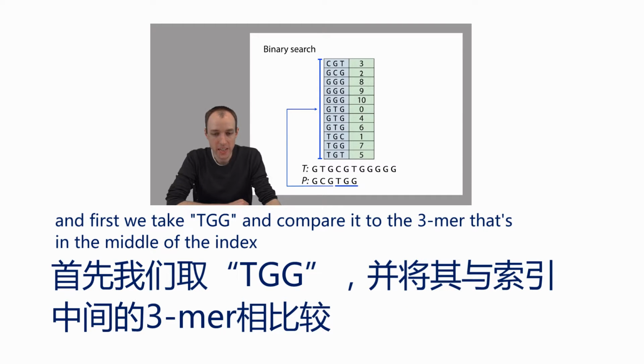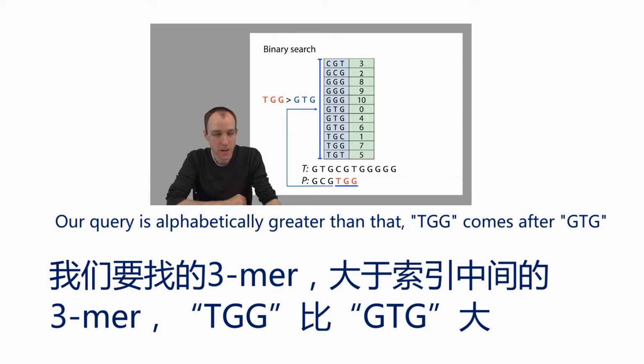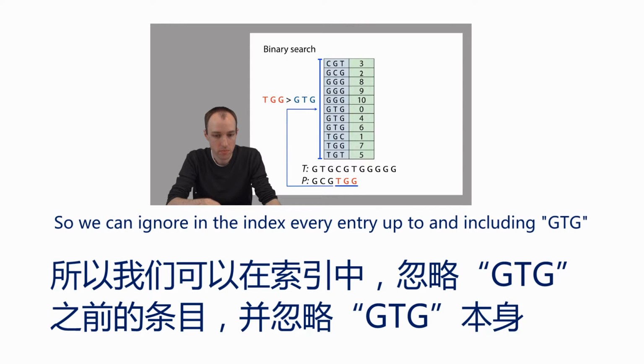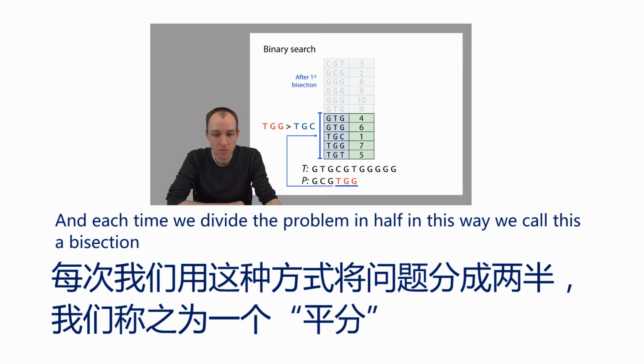First, we take TGG and compare it to the 3-mer in the middle of the index, the one that's alphabetically in the middle, which in this case is GTG. Our query is alphabetically greater than that. TGG comes after GTG. So we can ignore every entry in the index up to and including GTG, and we've effectively divided the problem in half. Each time we divide the problem in half in this way, we call this a bisection.